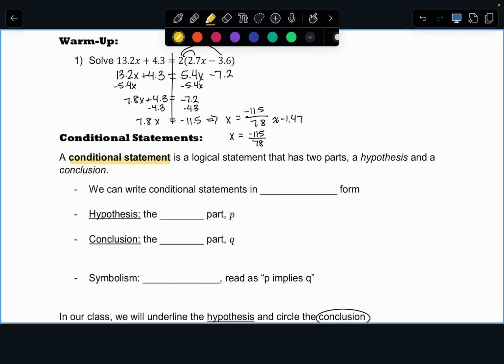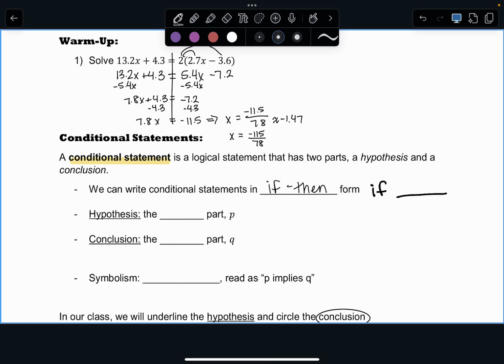And the way we write conditional statements is in if-then form. Meaning, if this thing happens, if blank, then this other thing happens, then blank.